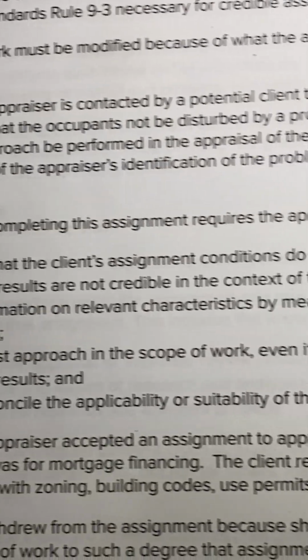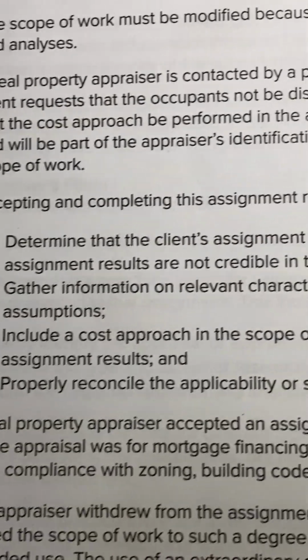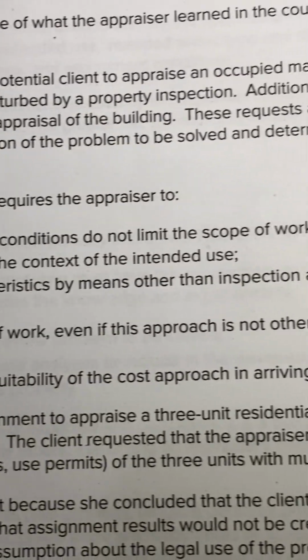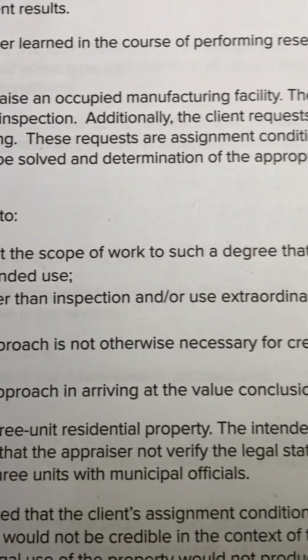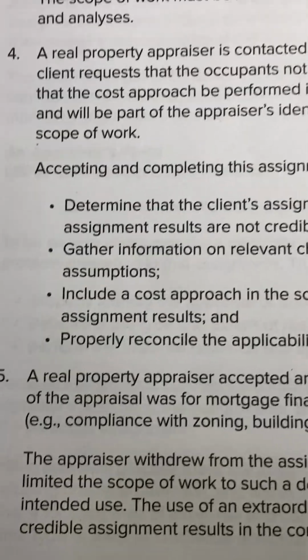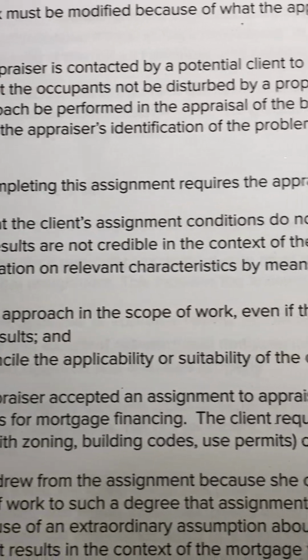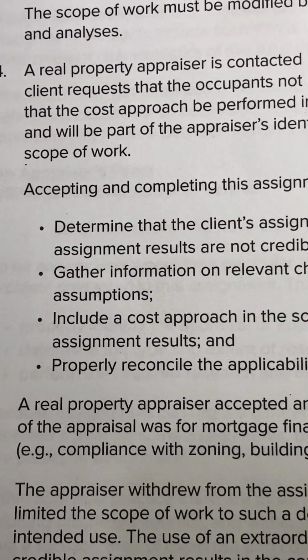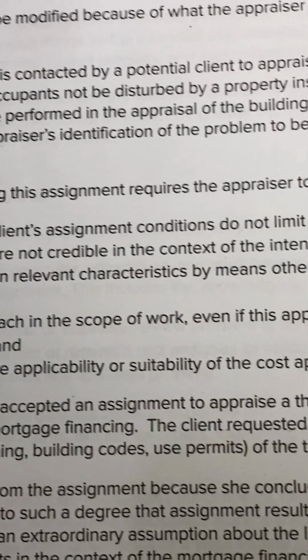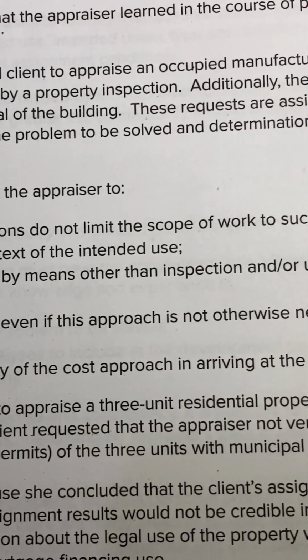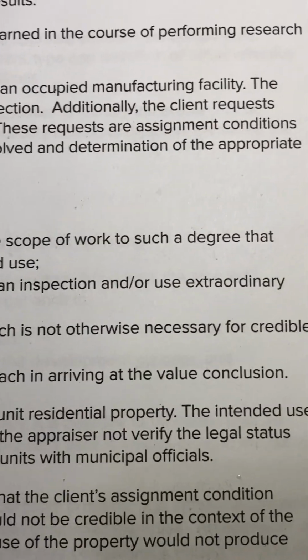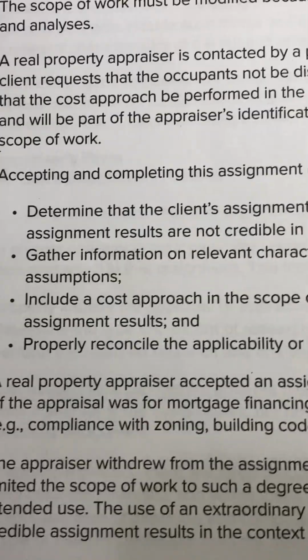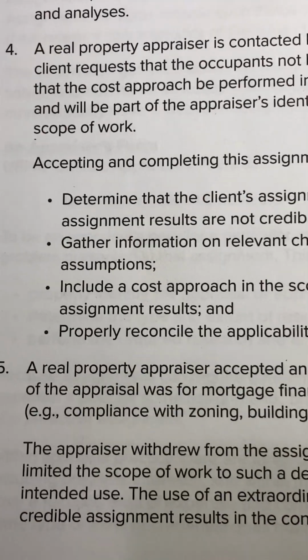Accepting and completing this assignment requires the appraiser to determine that the client's assignment conditions do not limit the scope of work to such a degree that assignment results are not credible in the context of the intended use. Gather information on relevant characteristics by means other than inspection and/or use extraordinary assumptions.